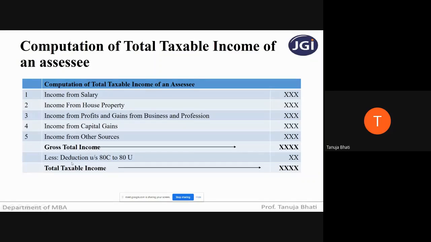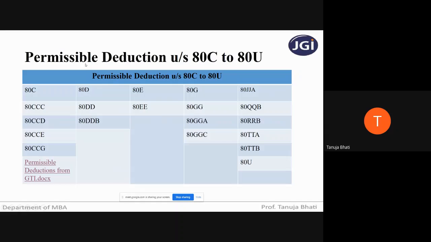Let us now understand the different deductions under section 80C to 80U. The permissible deductions as per the Income Tax Act from section 80C to 80U are: 80C, 80CCC, 80CCD, 80CCE, 80CCG, 80D, 80DD, 80DDB, 80E, 80EE, 80G, 80GG, 80GGA, 80GGC, 80JJA, 80QQB, 80RRB, 80TTA, 80TTB, and 80U.